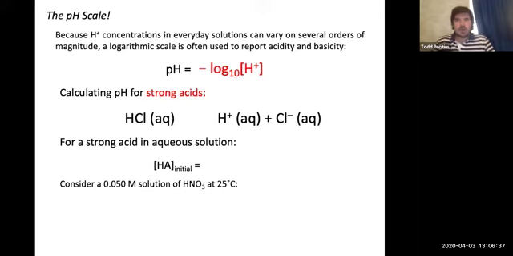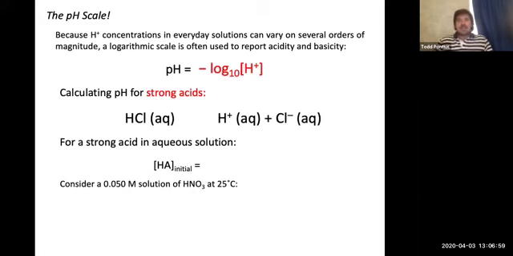Which brings us to our last topic of the day, the pH scale. So in a solution, acid concentration can range from, well, basically most solutions have acid concentrations that, if they're really, really high concentrations of acid, can be up to 18 molar.